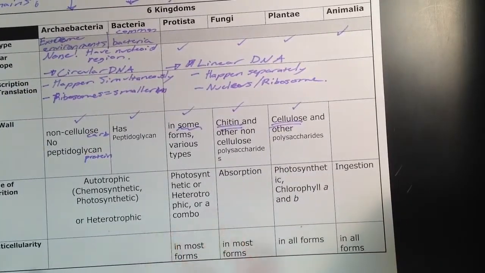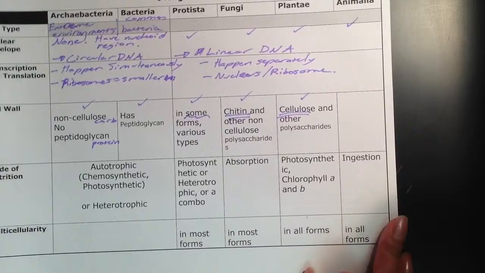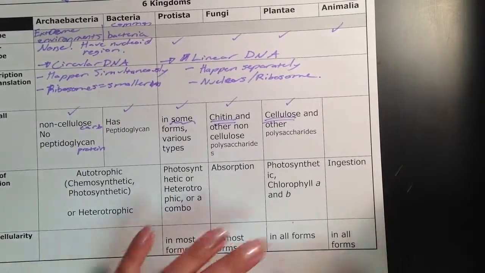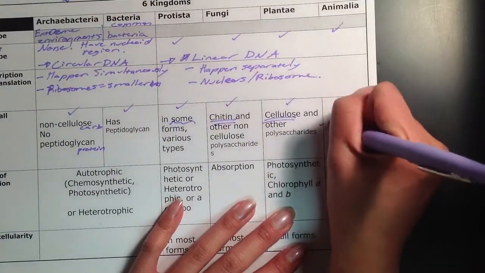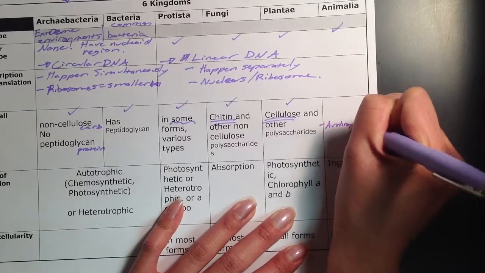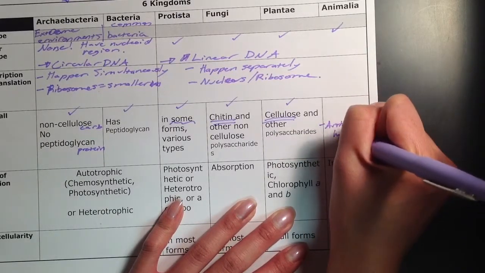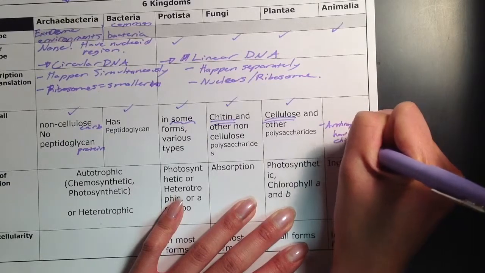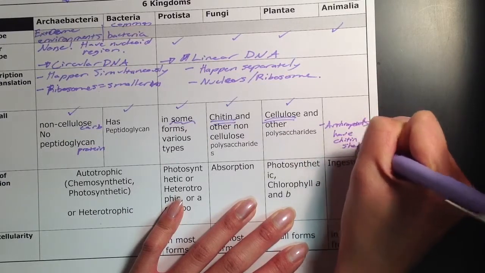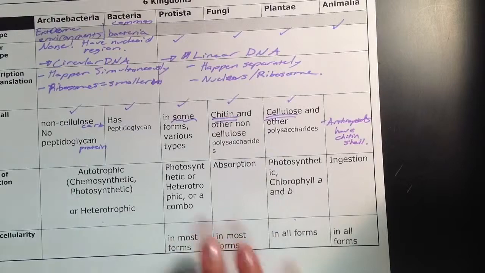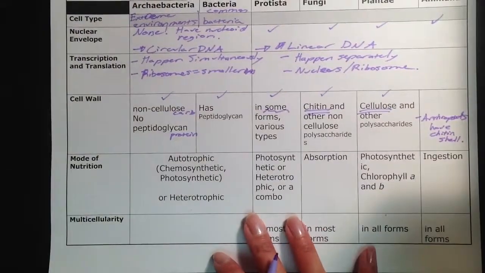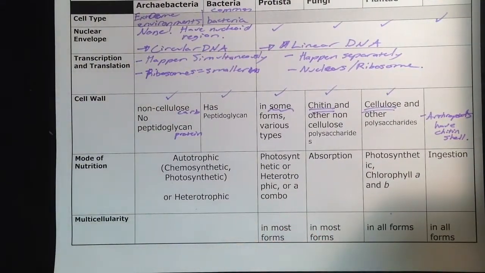In the animal kingdom, we generally don't have a cell wall. However, some of our organisms, like our arthropods, like lobsters, could actually have a chitin shell. However, that's not really the same idea as a cell wall around each of their individual cells.